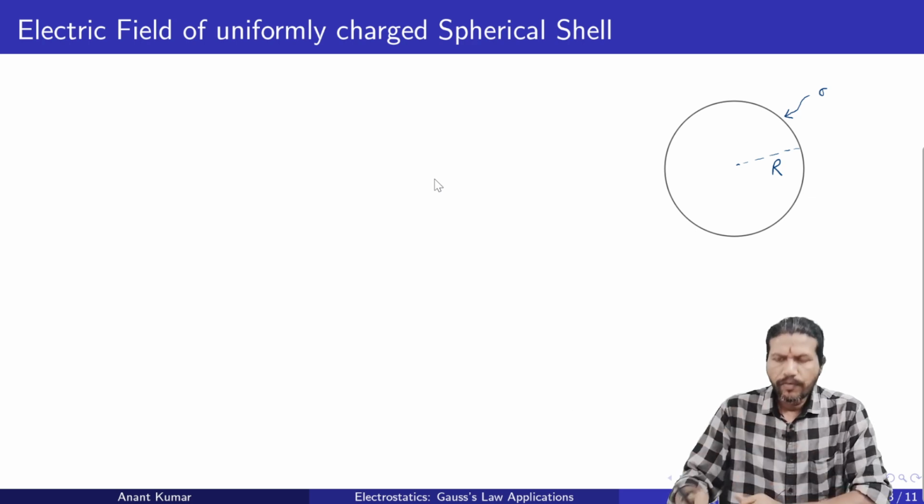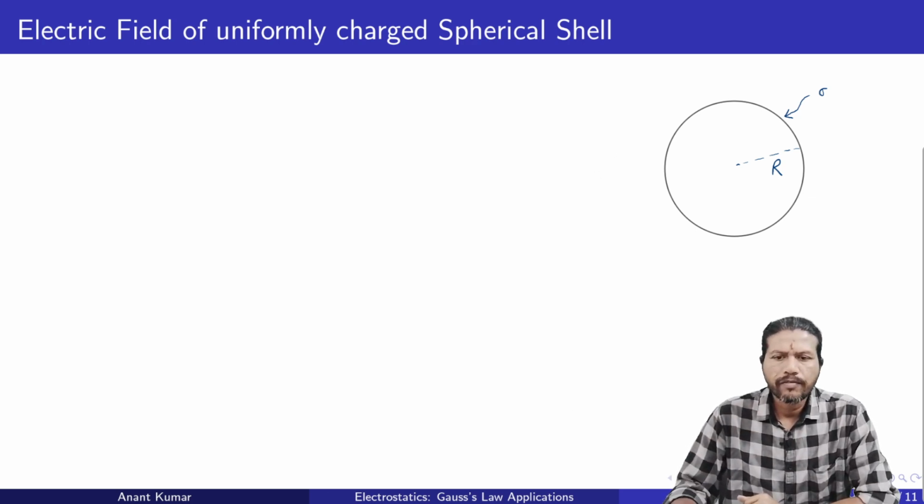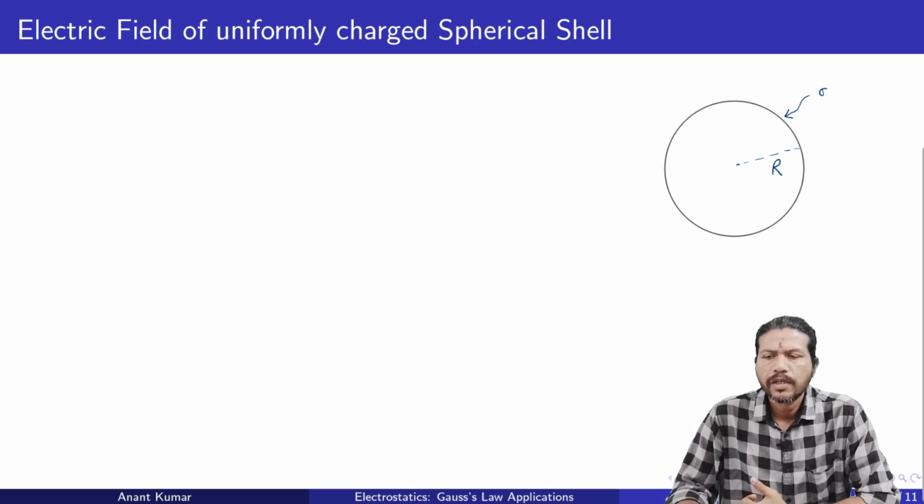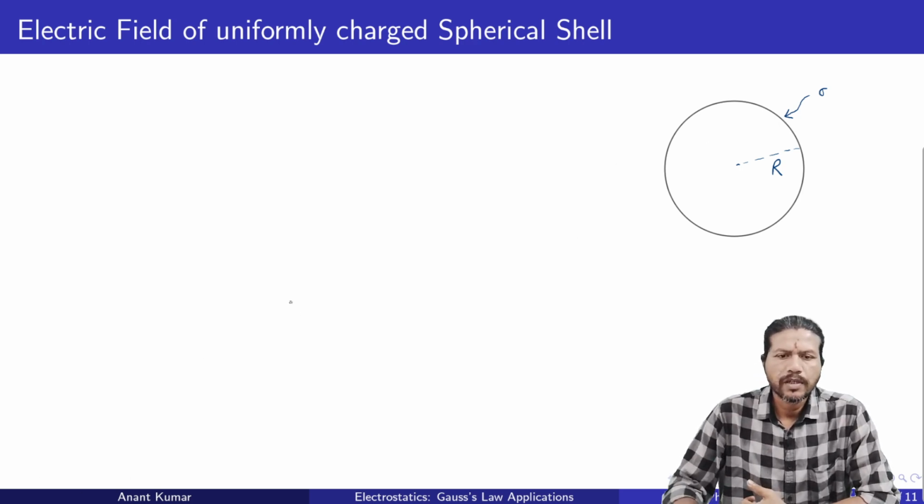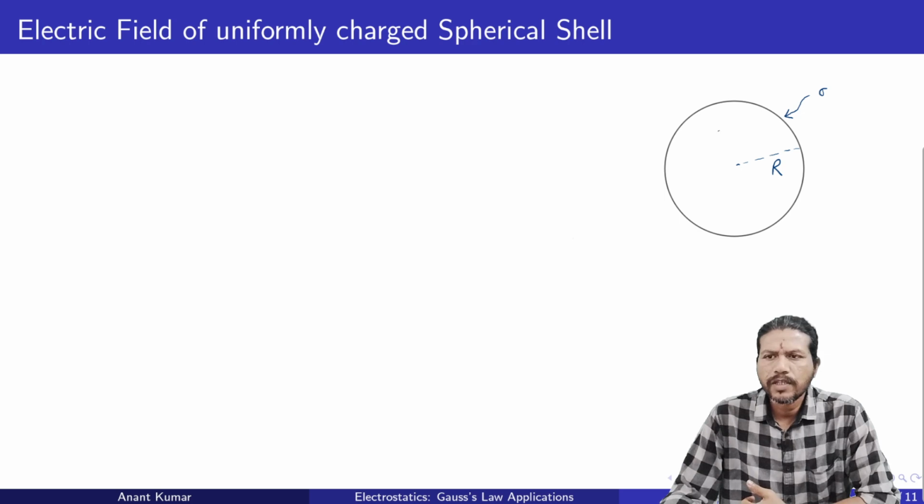Now with that in mind, I'll take a spherical surface as a Gaussian surface. Suppose I'm going to take the Gaussian surface inside, looking first at inside points where I'm finding the electric field. At whatever distance from the center I need the electric field, we construct a Gaussian surface which has exactly the same radius r.